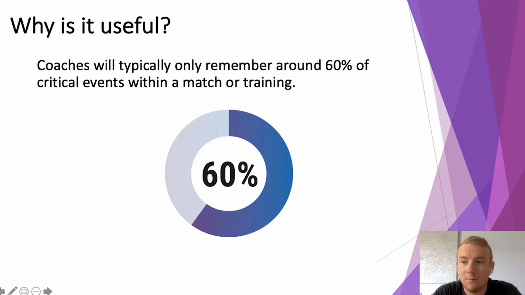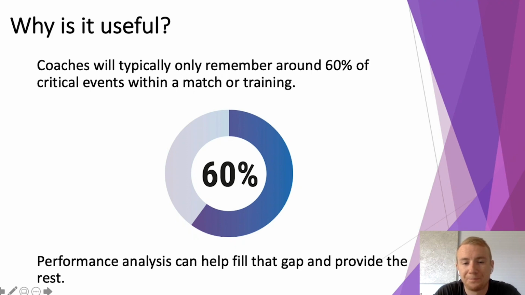That's quite an alarming number, because it's 40% of the game which a coach has forgotten, and they can't remember those parts of the game due to issues with memory recall and capacity of the brain. That's a huge problem, potentially, that they've forgotten 40% of these critical events that we've talked about.